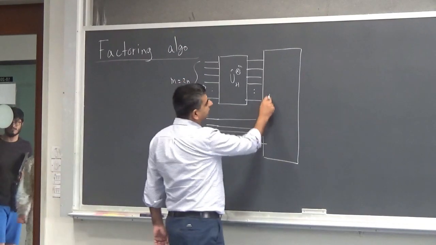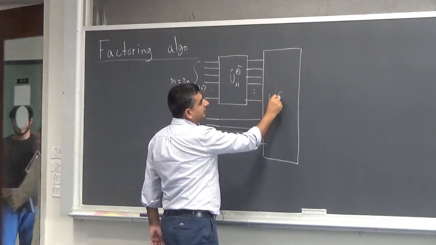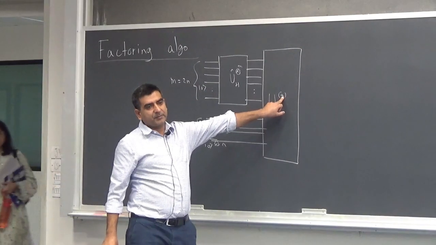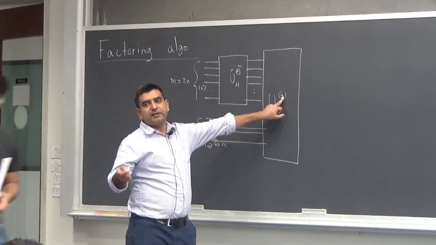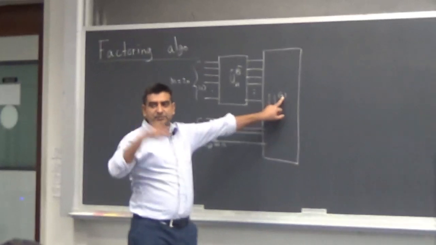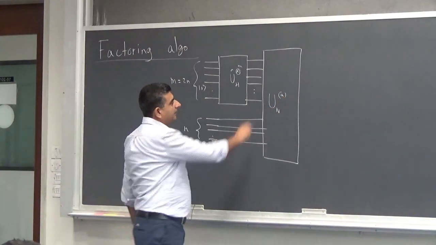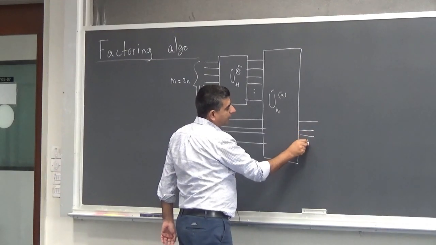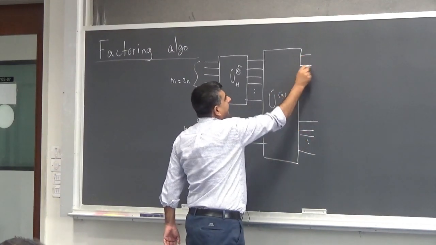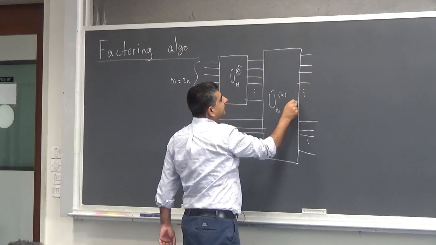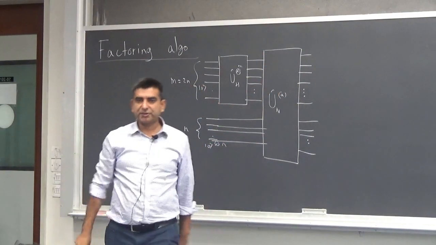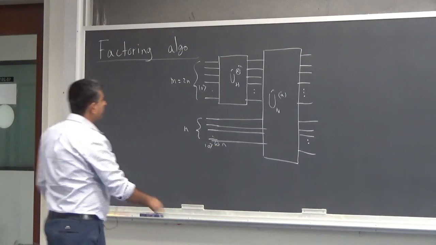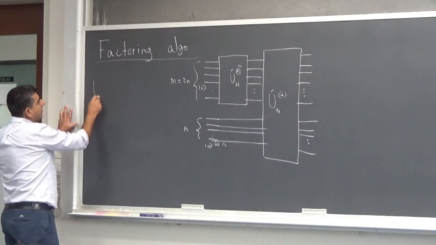This giant transform U is characterized or parameterized by this number a, which is chosen randomly and is bigger than 1 and smaller than capital N. And lo and behold, these m plus n channels emerge from this unitary operation.